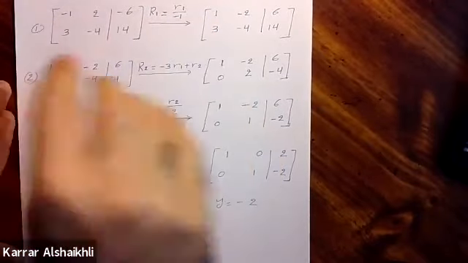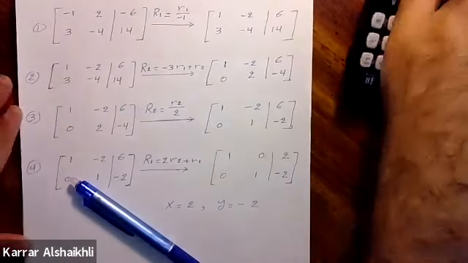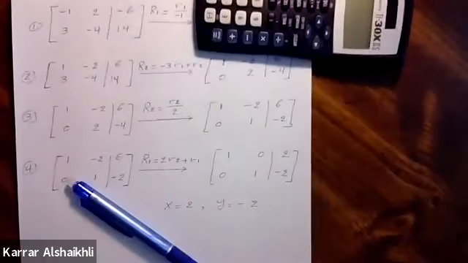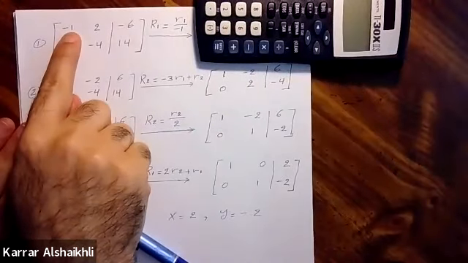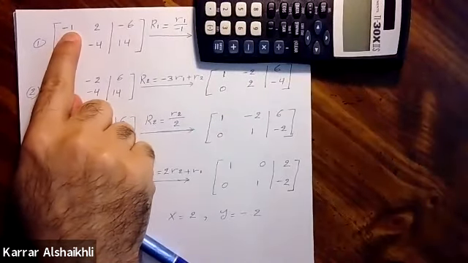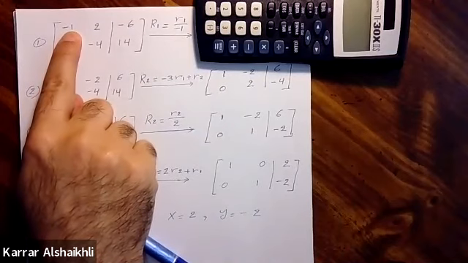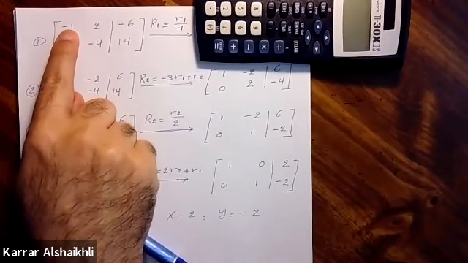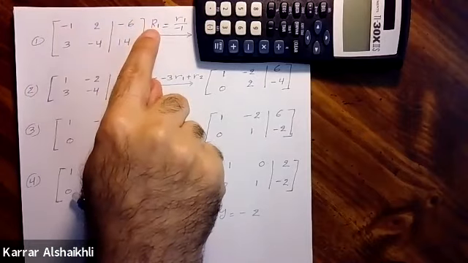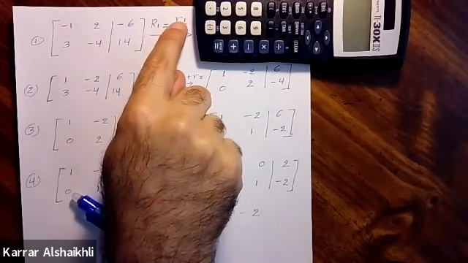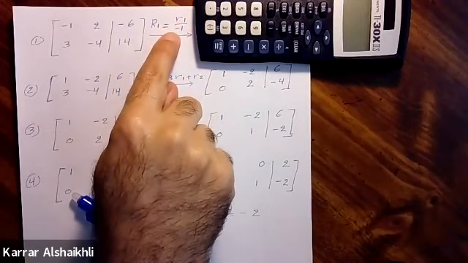You don't have to look here. I already know my goal is to convert this number to 1, and I already know step 1 is divide. I'm going to divide the whole row by -1. The new R1 is going to be the whole old R1 divided by -1.